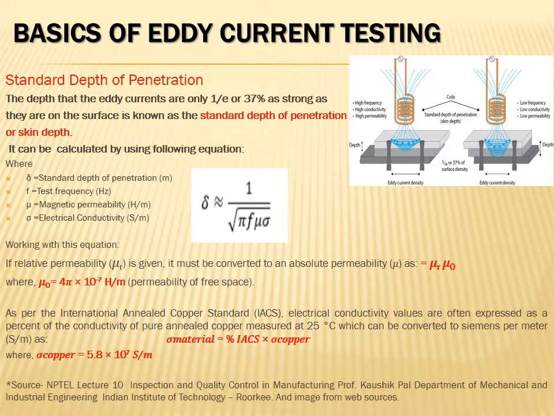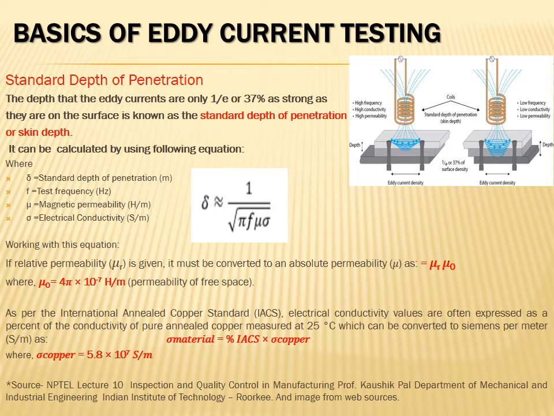Okay, so what is the standard depth of penetration? The depth at which the eddy currents are only 1 by e, or about 37% as strong as they are on the surface, is known as the standard depth of penetration or the skin depth.